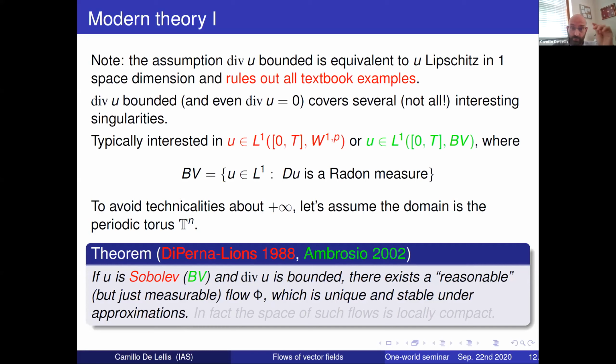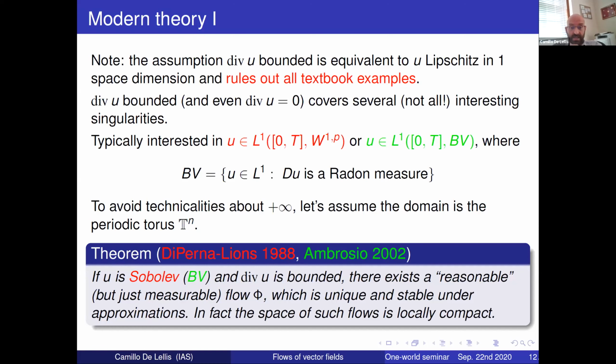After all, you even have the problem that your vector field might in principle only be defined up to sets of measure 0. Nonetheless, there exists a reasonable, but just measurable, flow phi, which is unique and stable under approximation, and which replaces the smooth flow that you build out of the ODE in the classical Cauchy-Lipschitz theory.